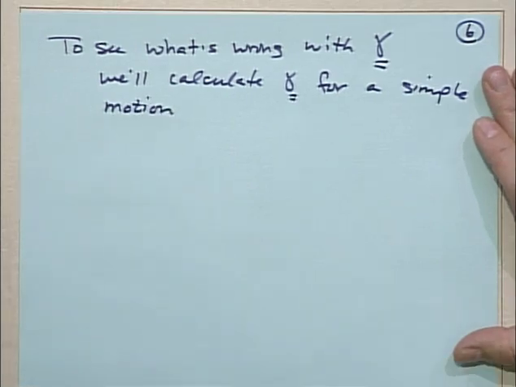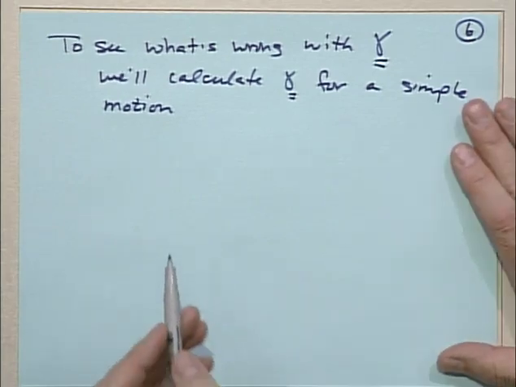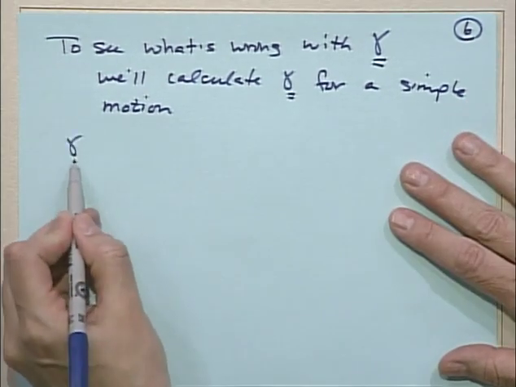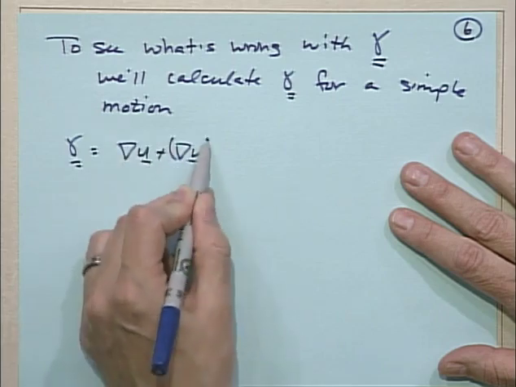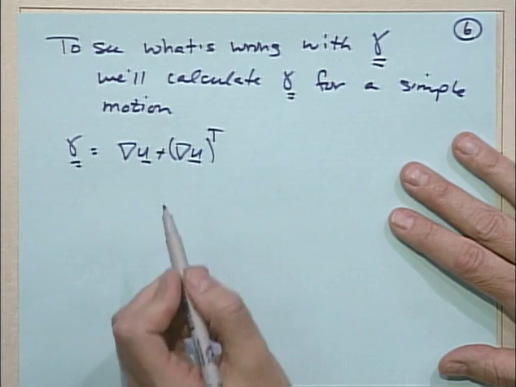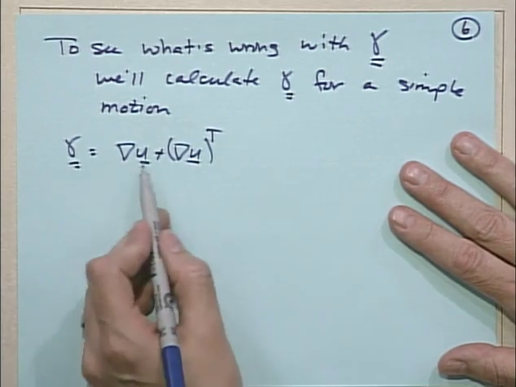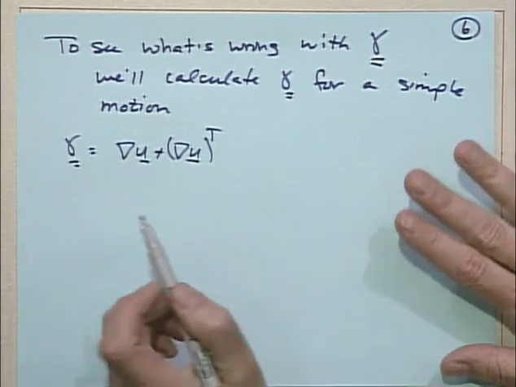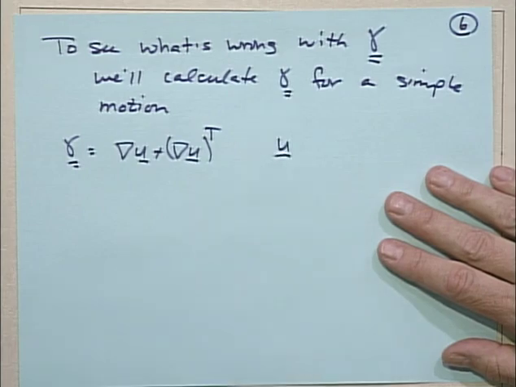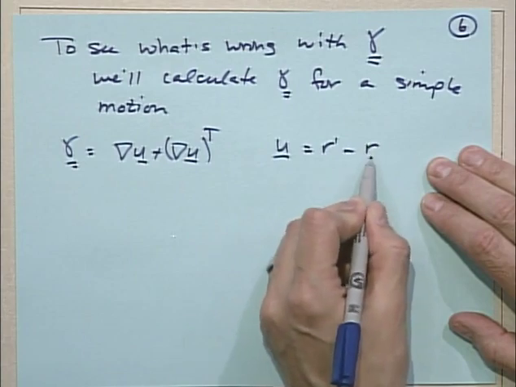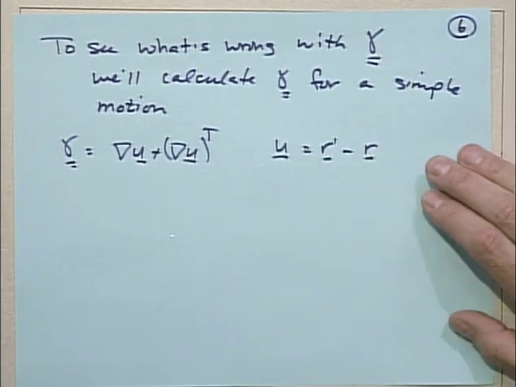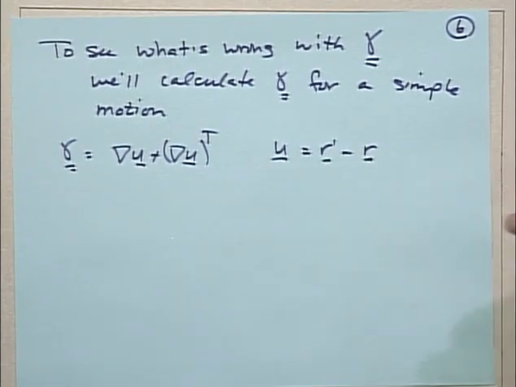Okay, so this is going to be a little bit unfamiliar, so that's why I want to go through an example. So gamma is equal to del u plus del u transpose. So if I have u, I'm good, right? If I have u, I can take these derivatives and I'm good. So u is equal to r prime minus r. And so if I have r and r prime, I'm good because I can subtract them.